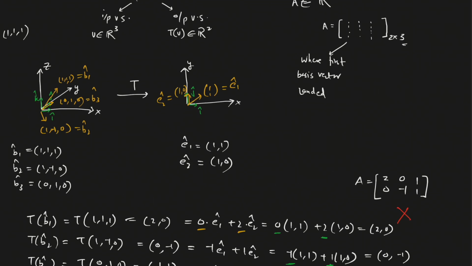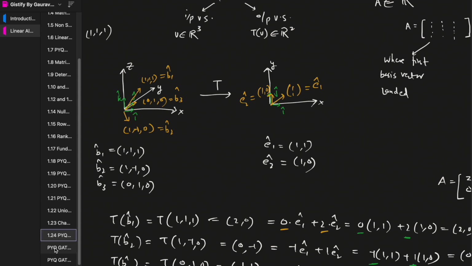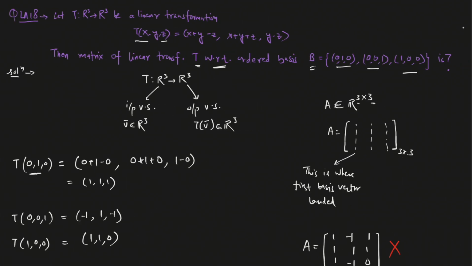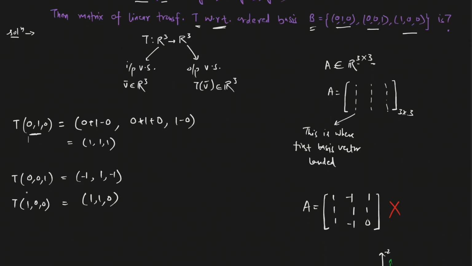But when you come to this question, in the case of three-dimensional vectors, it's not that straightforward. Say you need to write 1 comma 1 comma 1, that is this transformed vector. Basically this is the first basis vector, so T times 0 comma 1 comma 0 is 1 comma 1 comma 1.